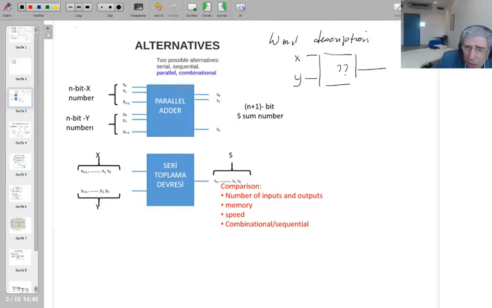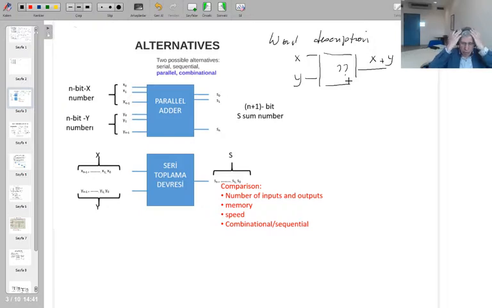At the output, I would like to get this. So I told you the relation between the input and output. Inputs are the two binary numbers to be added, and output is the sum of those binary numbers. So design this box, what is inside.